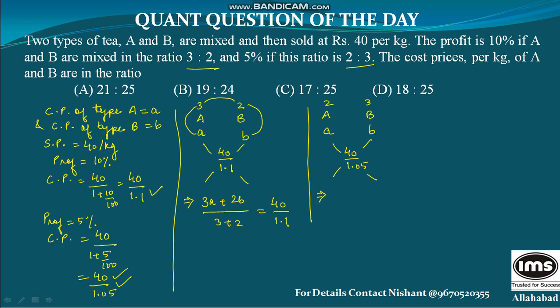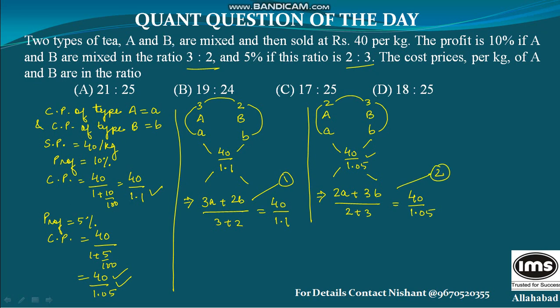This implies A multiplied by 2 plus B multiplied by 3 divided by 2 plus 3 is equal to this value. So I can write 2A plus 3B divided by 2 plus 3 is equal to 40 by 1.05. So this is my first equation and this is my second equation.